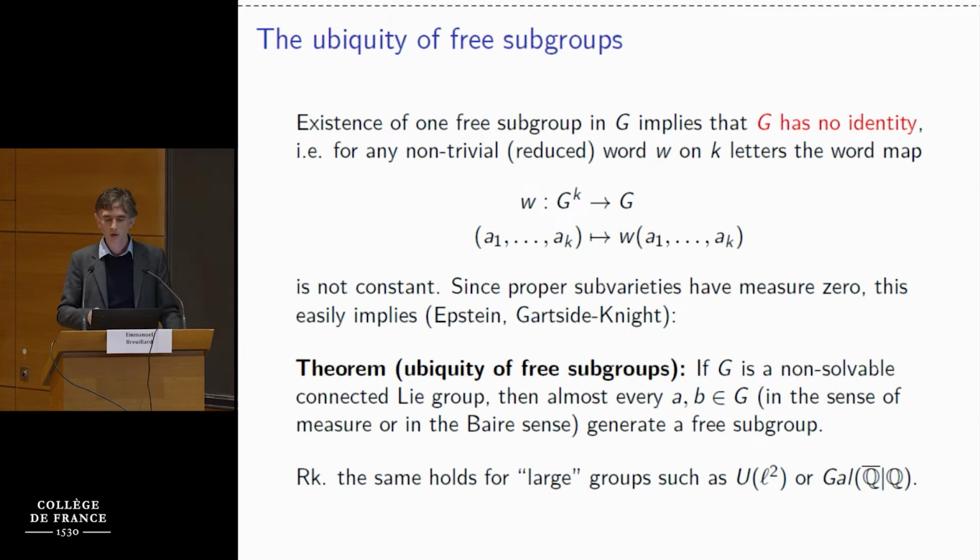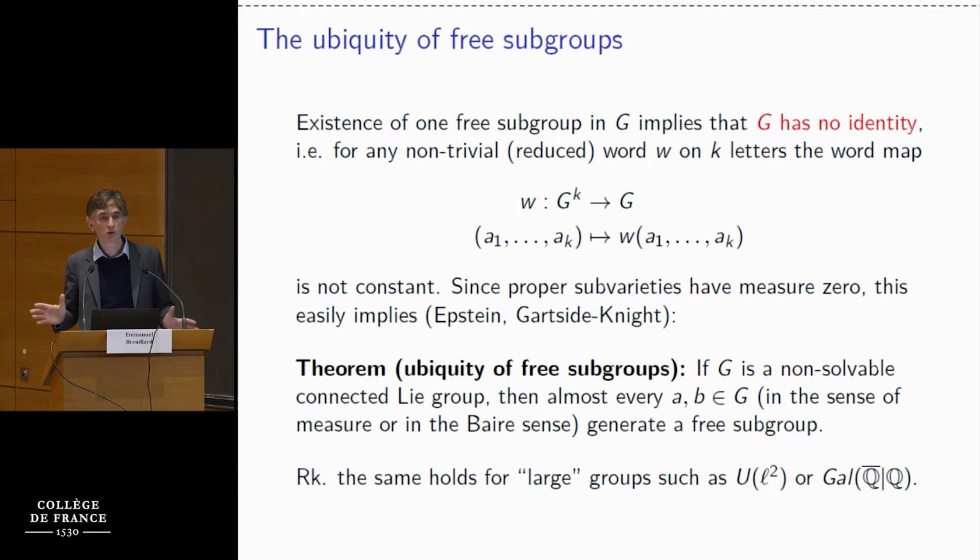Okay? So whenever you have a word, let's say in 2 or k letters, you can form what's called the word map. The word map is a map from G to the K to G. And if you have a free group, then you know that this word map is not the constant map equal to the identity.